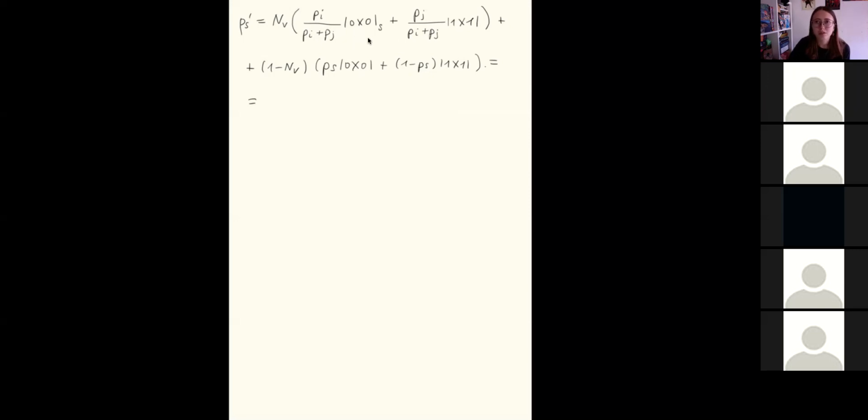So then, exactly following your question, this can also be written as NV times the thermal state at a temperature beta V, where beta V is the virtual temperature of the virtual qubit, plus 1 minus NV rho S. So this is why I took this NV term out.